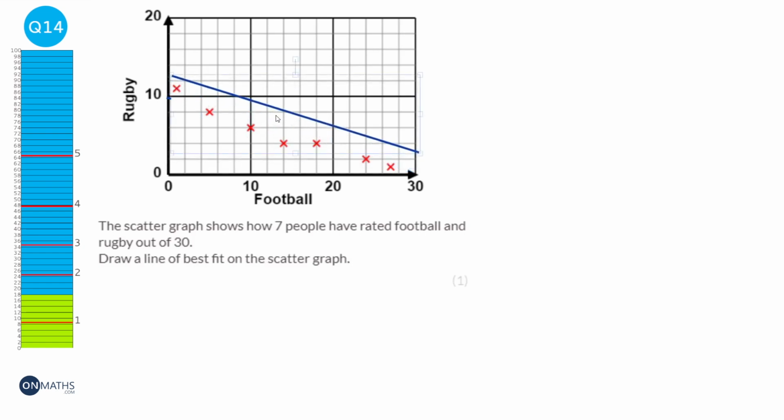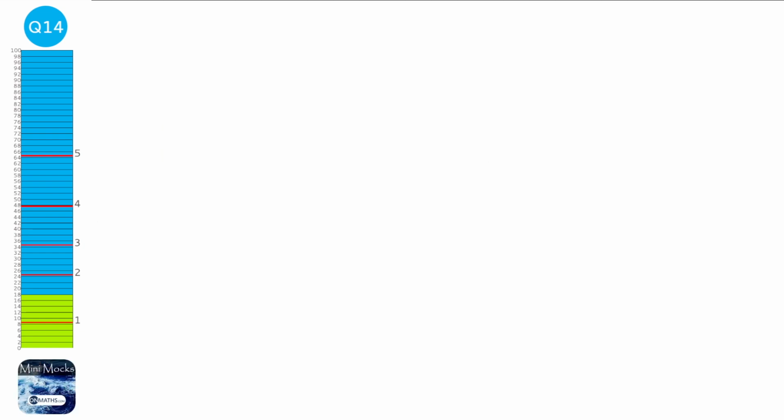What we mean is if it looks like that, that's clearly wrong because you've got all of the data below, and obviously this one here. You want it roughly so that there's equal amounts at the top and bottom. But if you have it slightly off, don't rub it out. Chances are you'll get the mark. They're quite lenient when you draw lines of best fit.